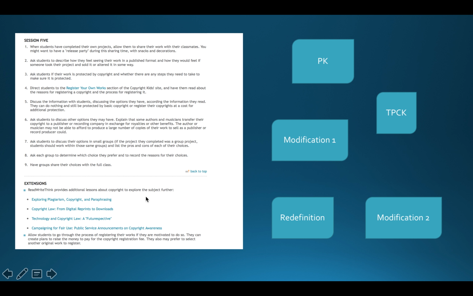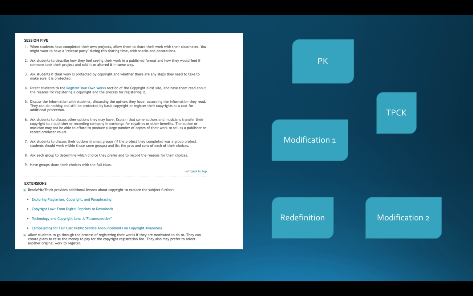And then I also found some redefinition here within session 5. That's just with the Copyright Kids website. I think this is a really great website, although it does follow the US standards. So once again, I would have to either create my own website, using Wix or an online resource like that, or I could just come up with a different type of domain similar to this.